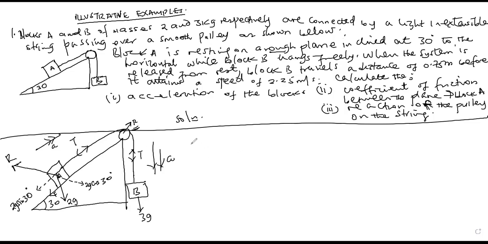So we can look at individual forces, starting with the 3 kilogram mass. For the 3 kilogram mass, 3g is heavier than T. The body is accelerating downwards, meaning that this force is counterbalancing this. So we shall have 3g.